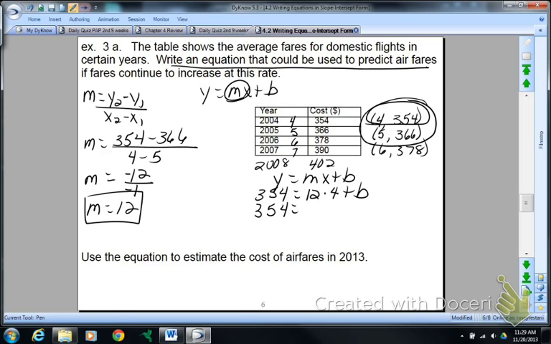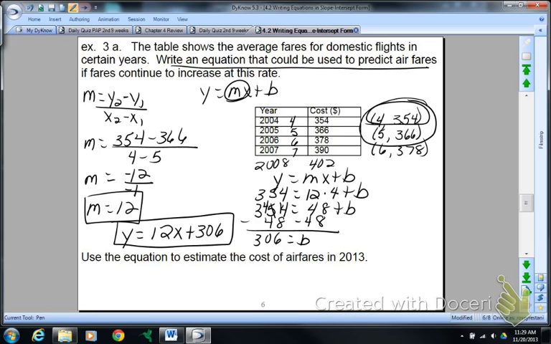So 354 is equal to 48 plus b. Subtract 48 from both sides. And 354 minus 48 is what? 306 is equal to b. So my equation is y equals 12x plus 306.